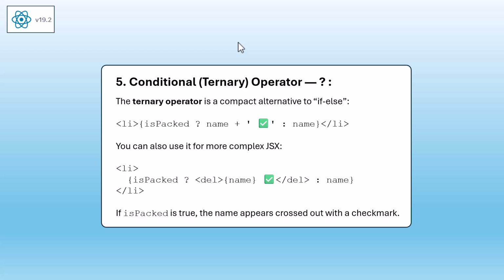This is exactly equivalent to using an if statement, but it's shorter and often used inside JSX expressions. This style is great for small, quick conditions. However, if your component becomes cluttered with nested ternary expressions, it can make your code harder to read. In those cases, it's better to split parts of the UI into smaller components for clarity.